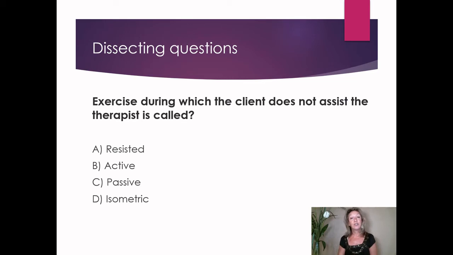So I hope that makes sense. Exercise during which a client does not assist the therapist is called blank. Exercise, or we could say movement, during which the client doesn't assist the therapist. So this is written in a backwards way, right? We've talked about whether or not the therapist is involved in the movement or the exercise.